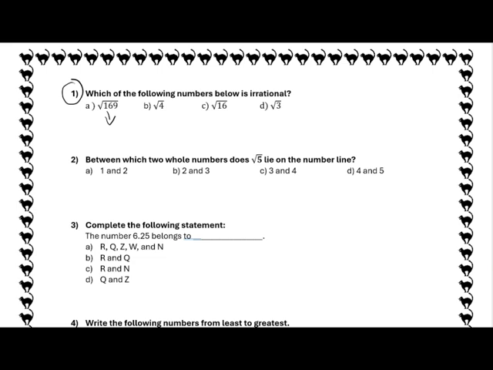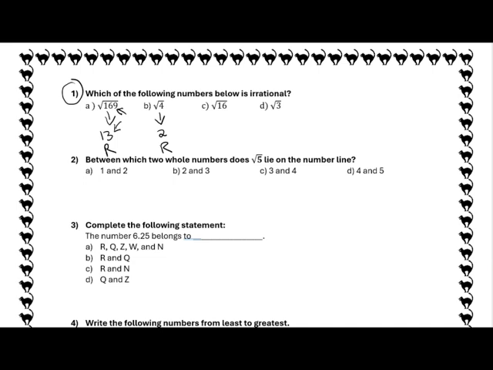If you don't know that by heart, that is 13. That's a perfect square, so that makes it rational. The square root of 4, that's a perfect square, so the root is a whole number, 2, so it's rational. The root of 169 is 13. That's a whole number, rational.